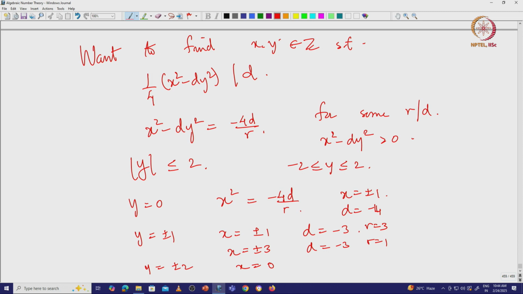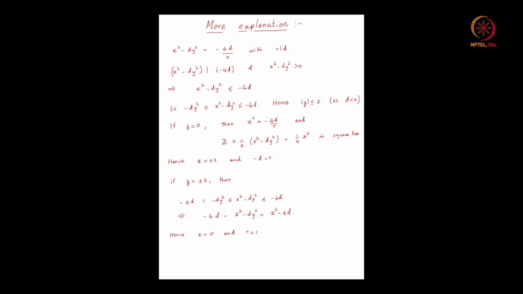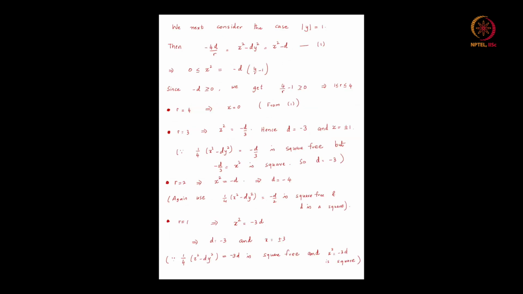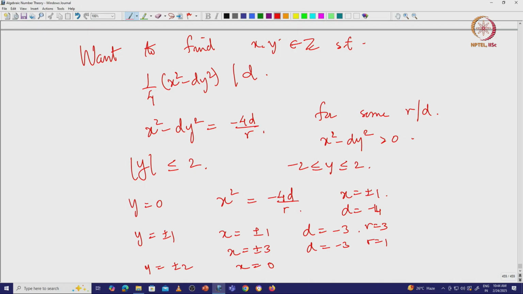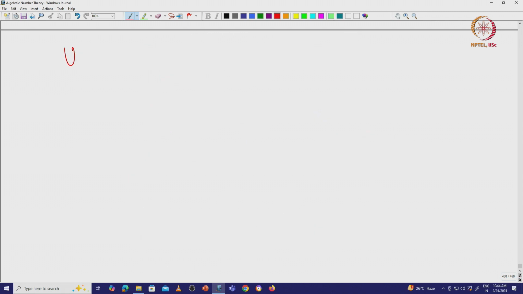So, the upshot of all this, and I do not want to go case by case, but let me write upshot of all this, and you can take it as a sort of exercise of putting everything together.